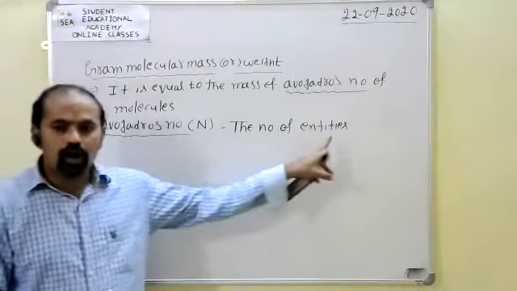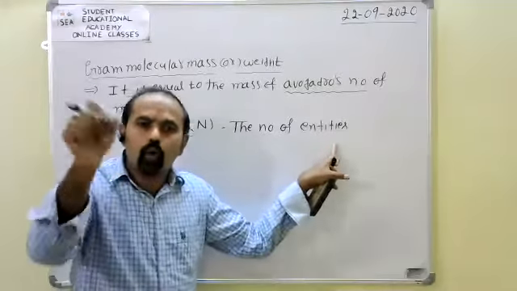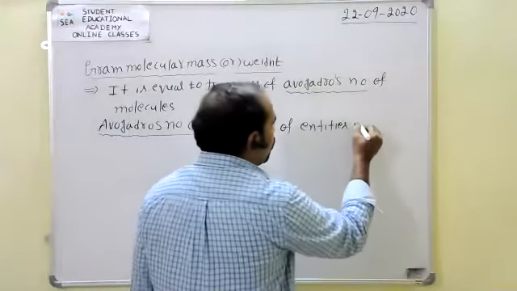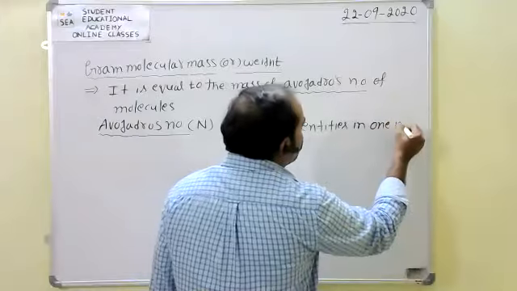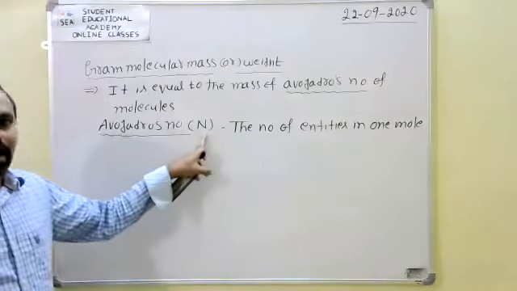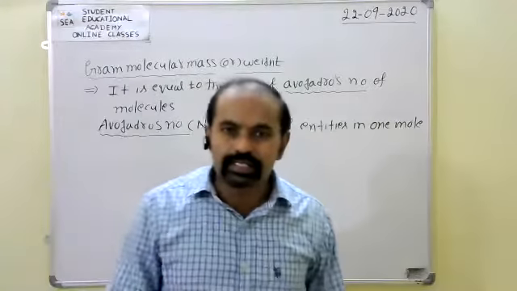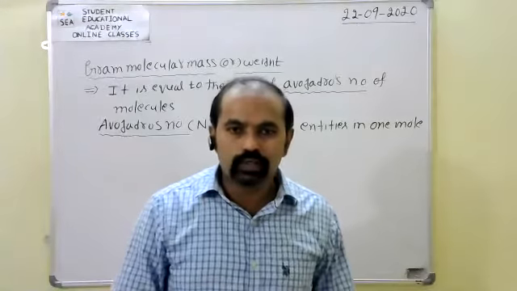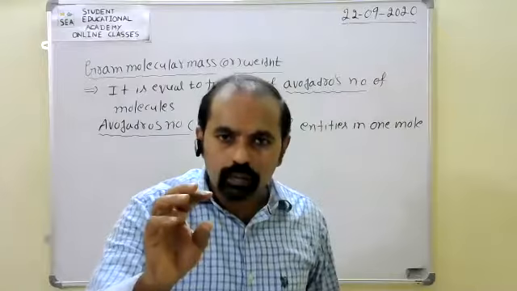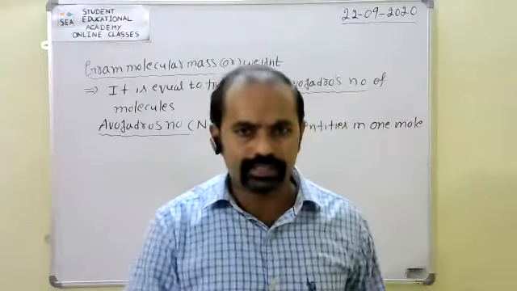The number of entities in 1 mole is called Avogadro's number. So 1 mole contains how many entities?